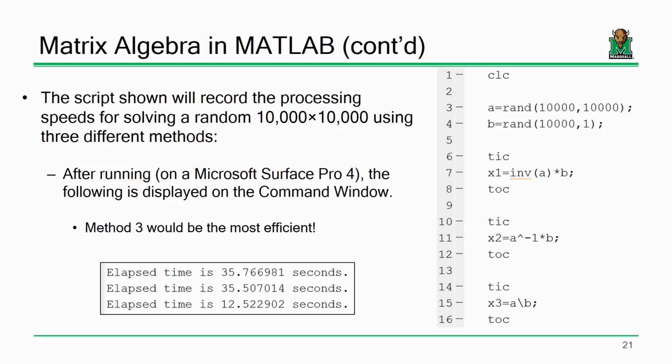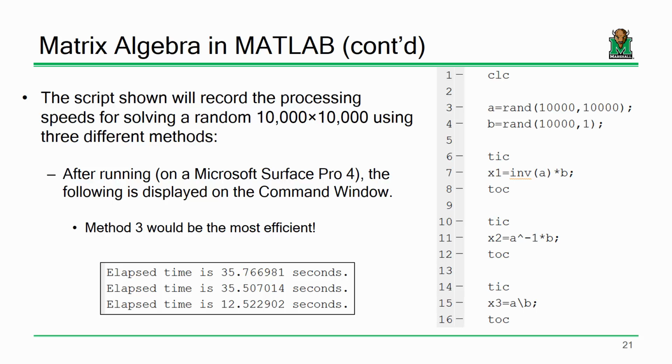And then we're going to do a tic-toc, and in here, we're going to assign x1 to be the inverse of matrix A times B. So it's just multiplying the matrix, not solving for a system of equations. And then our next tic-toc is going to be the other method, where you're taking matrix A to the -1 power. And then the third method that we used previously, which is A left division B. Now don't type this in at the command line.